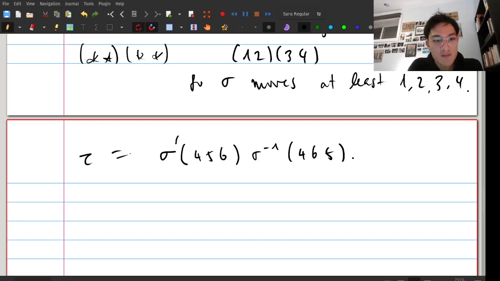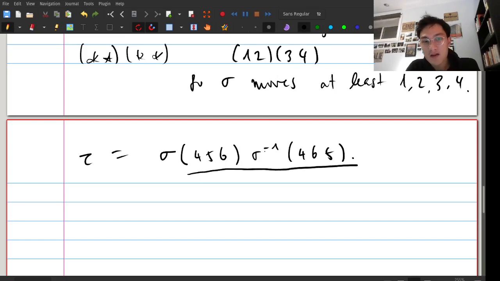Let's call this tau. This part here is sigma inverse, which is an element of N because sigma is an element of the normal subgroup N. Then you conjugated it by something, so it's still in N, times sigma, it's still in N. So tau is in N.